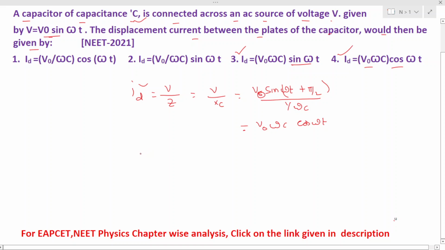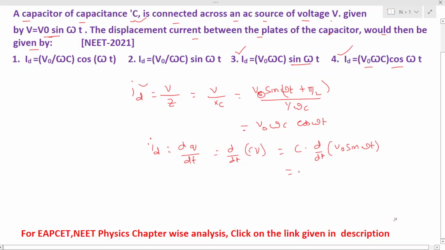The other way of doing it: the displacement current ID is equal to dq by dt. Q can be written as CV, so that is equal to C into d by dt of V. V is equal to V naught sin omega t.